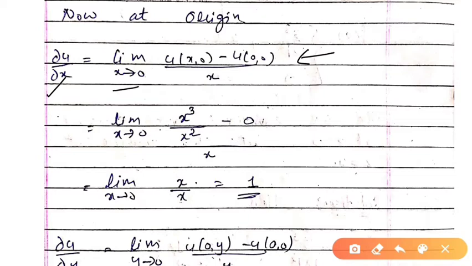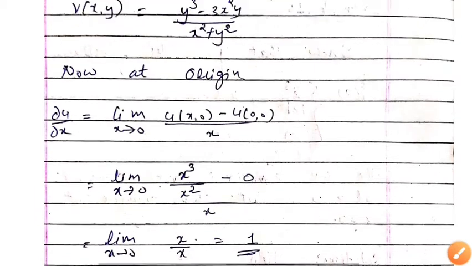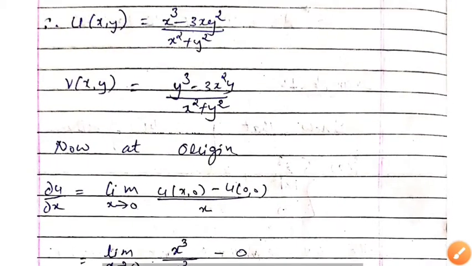Limit x tends to 0, u of x, 0 minus u of 0, 0 upon x. What you have to do here is put x as it is and put 0 in place of y. So if this is your u, x will be as it is, so x cube.